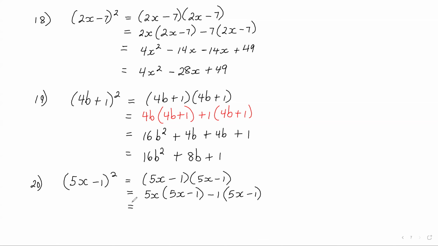In the next line, it would be 5x squared. Well, 5 times 5, which will give me 25. Yeah, my bad. That's okay. 25x squared, minus 5x, and it would be minus 5x again, then plus 1.